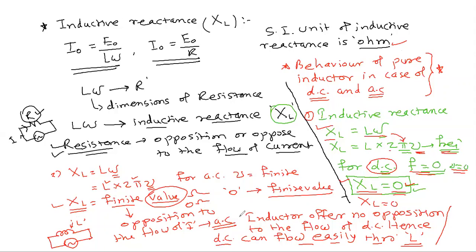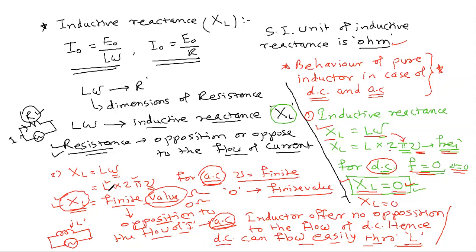So in the first case, for DC, XL was 0. Now for AC, for alternating current, since the frequency is finite, I got the value of the inductive reactance as some finite value, some value in terms of ohms. So as compared to DC, there is opposition to the flow of current in case of AC. In case of the inductor, DC was easily flowing through it, but in case of AC, the inductor will offer some sort of resistance.